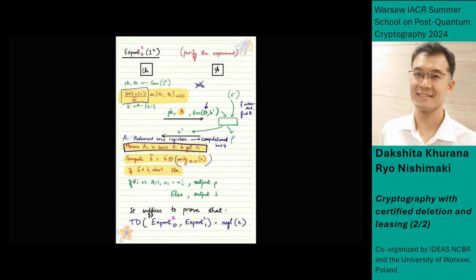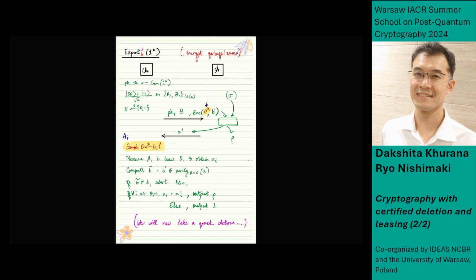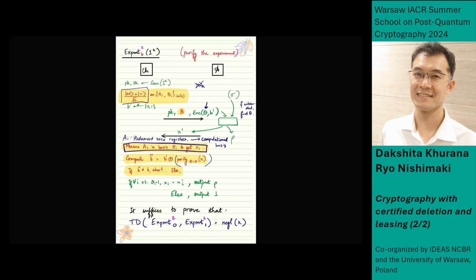We can defer using x until after we receive the certificate from the adversary. This is a trick. A very good question. So what we want to do is to prove that the trace distance of these two experiments is negligible.